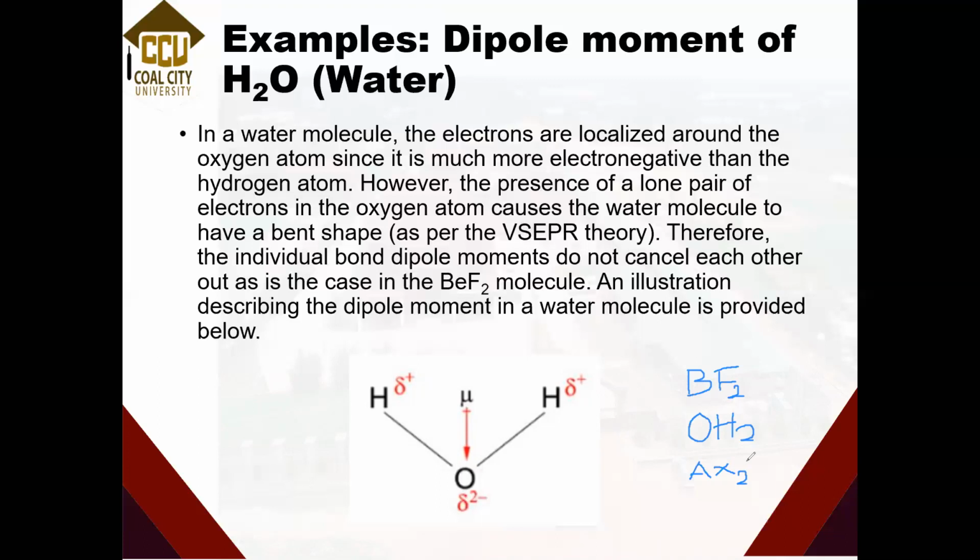The reason is that in water, there is what we call a lone pair of electrons on oxygen. Actually, there are 2 lone pairs of electrons on this oxygen atom that are not being shown here. So here we have a lone pair, and then here we also have another lone pair on oxygen. Instead of this bond being straight, this lone pair repels the bond.